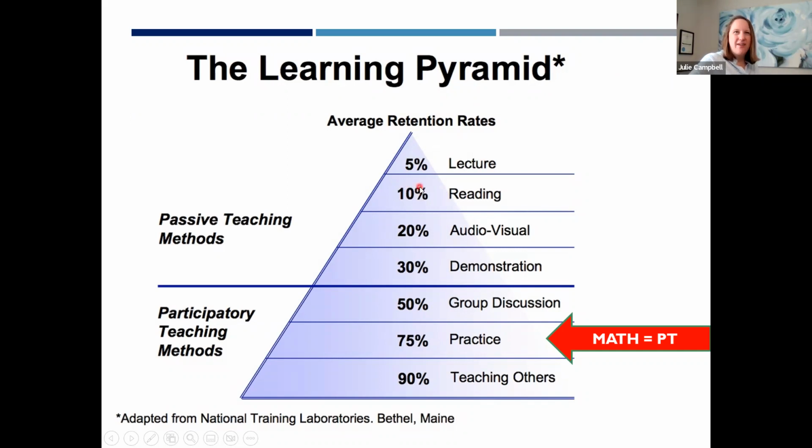Are you satisfied with that? That's not a good retention rate, is it? Look at what happens when you go off and do it on your own. See what a big difference it makes to practice. You want to take it a step further? Teach somebody else how to do property tax math. And that'll really up your retention rate.